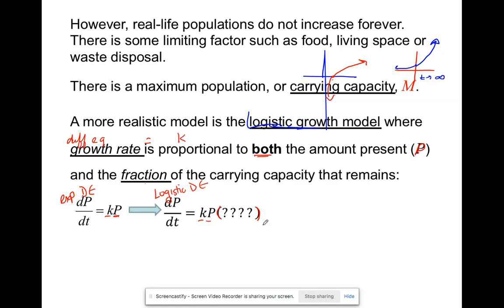Is the carrying capacity being reduced by limits on food, disease, limits on the actual boundaries of the environment? That's what this piece of the logistic differential equation looks like. So let's suppose that our carrying capacity is 100.